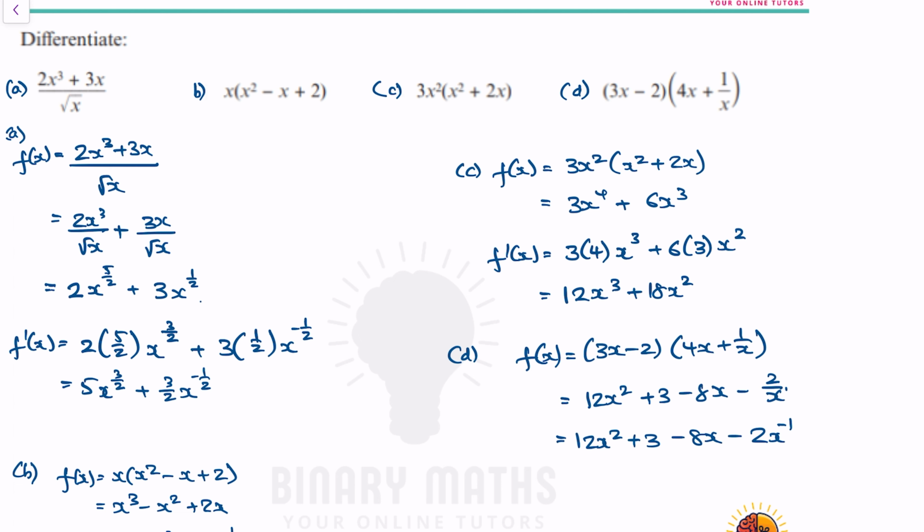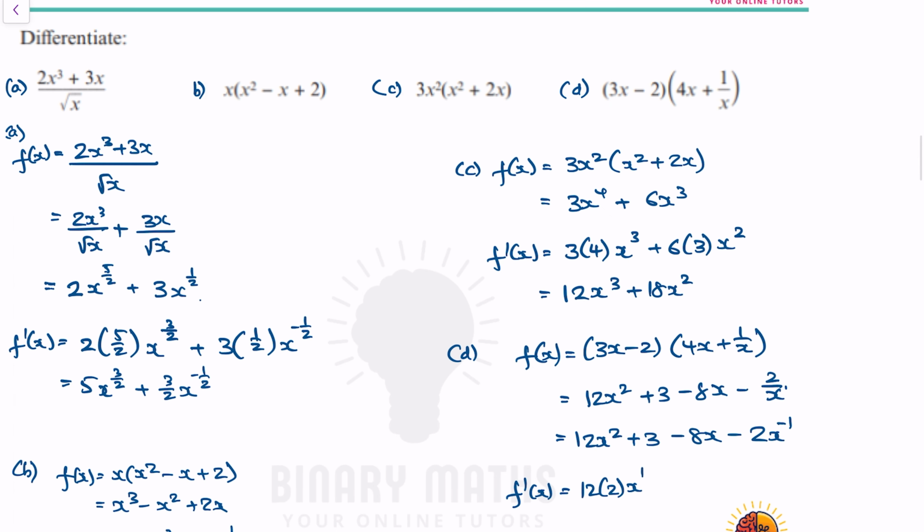So f dash of x will now be 12 times 2 times x to the power of 1. The constant differentiates to nothing. Okay, minus 8x differentiates to, because of the invisible 1 there, minus 8 times 1 times x to the power 0.